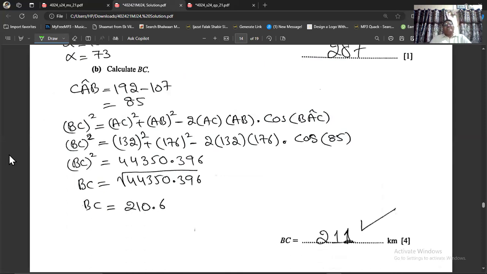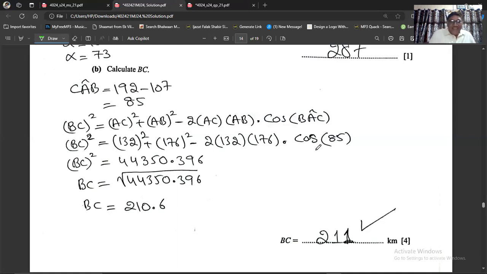So BC square will be equal to AC square plus AB square minus 2 into AC into AB into cos of the BAC angle. So BC square will be equal to 132 square plus 176 square minus 2 into 132 into 176 into cos 85. Just enter these things in your calculator and hit equals.